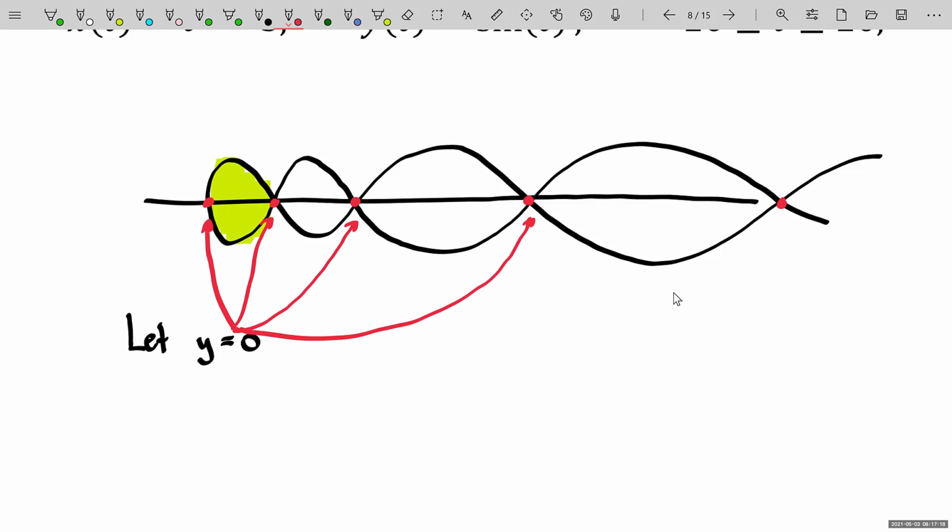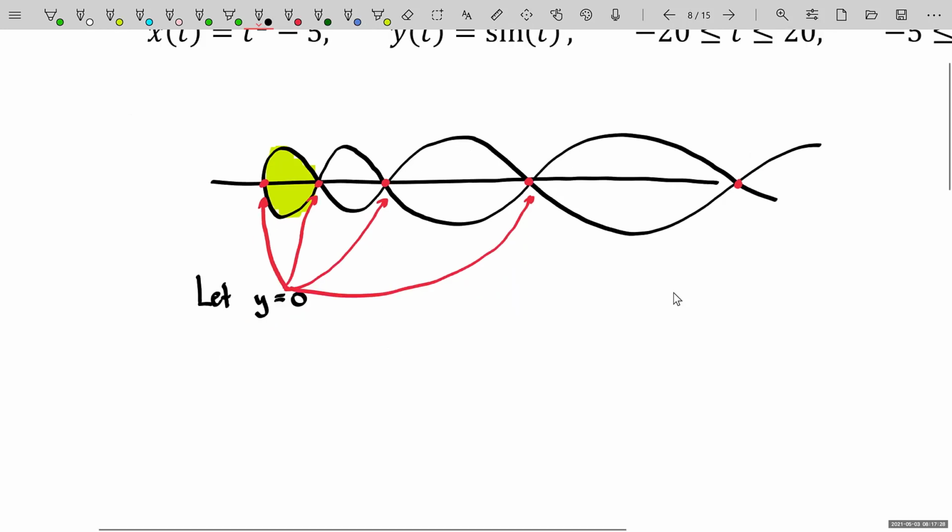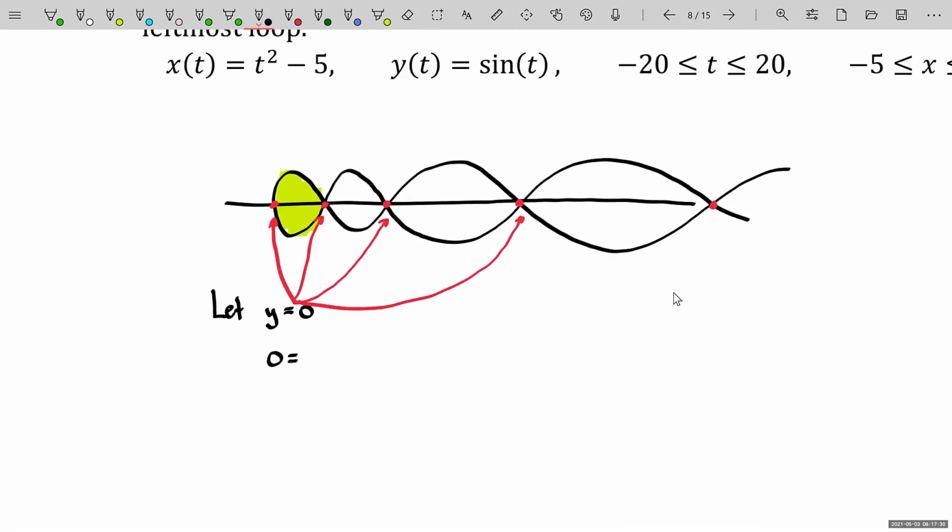However, once we have that infinite number of options, we just want to find the most negative of those corresponding x values. You'll see this. It actually is not too bad. So letting y equal 0, we get that 0 is equal to sine of t. Or in other words, our loop crosses the x-axis when t is any integer multiple of pi.